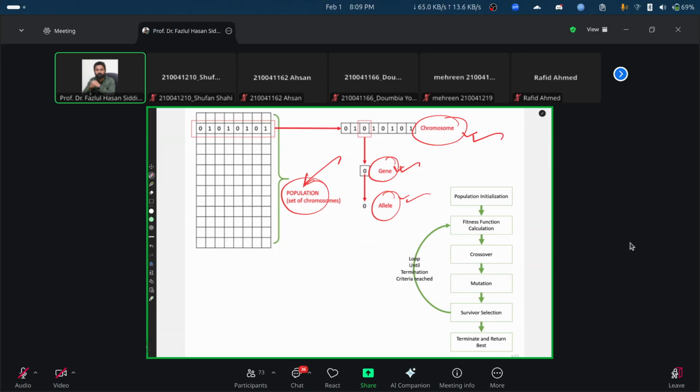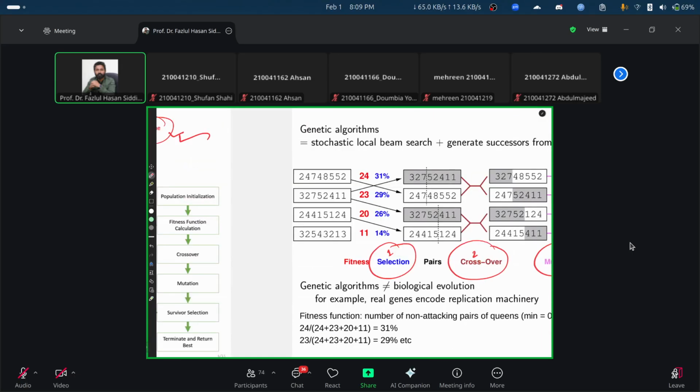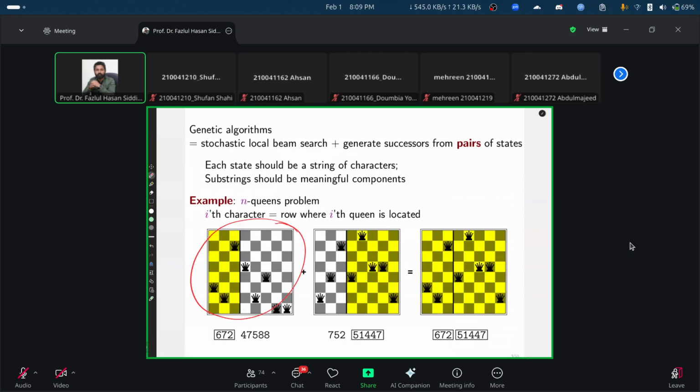That's it. So, for example, in the context of the 8-queen problem, this is the chromosome or the solution. Here we can see that in the first gene, the value is 6. Second gene, value is 7. Third gene, the allele or the value is 2.